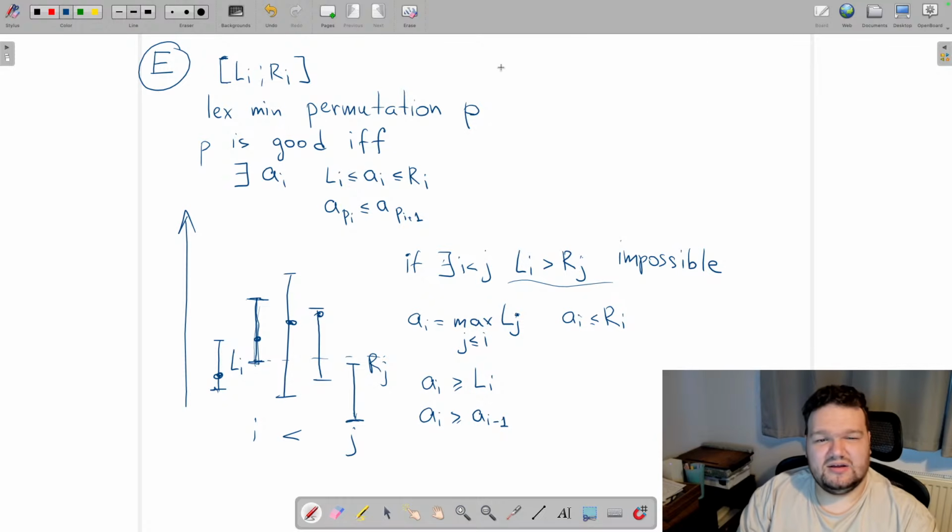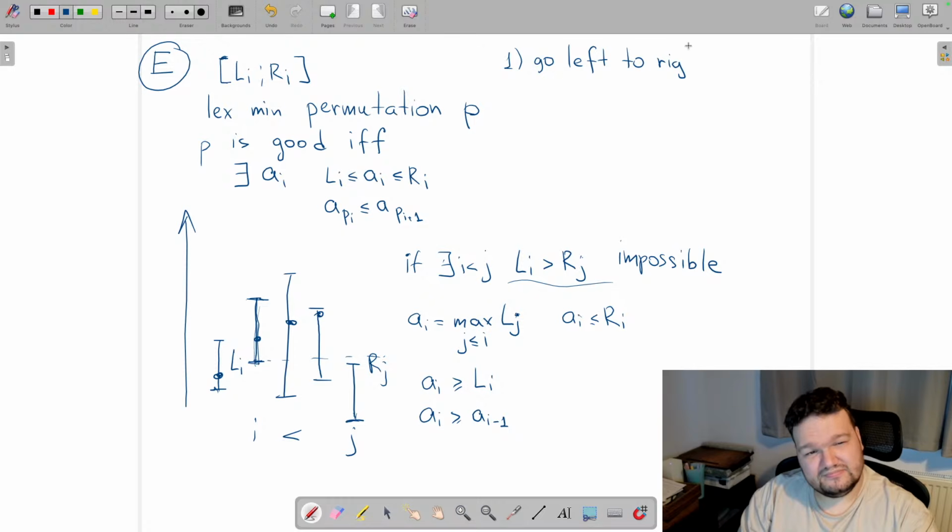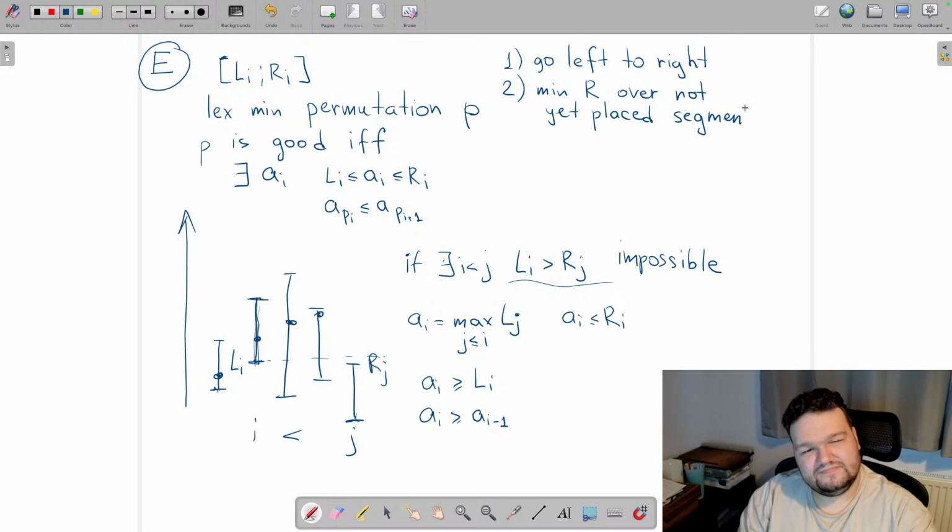So our algorithm will look something like this. We're going left to right. Find the minimum R over not yet placed segments. Then we can place some segment.